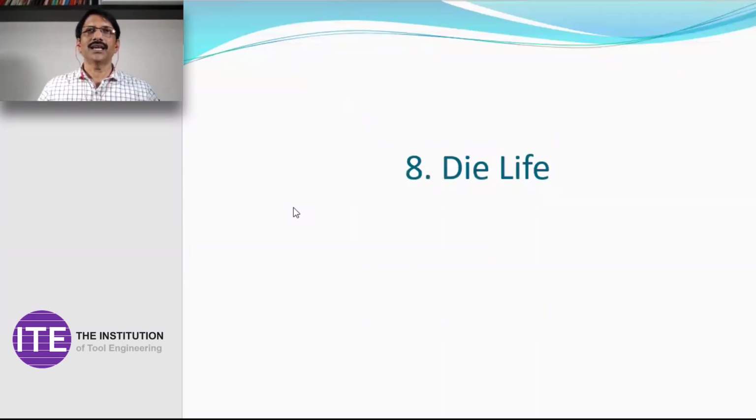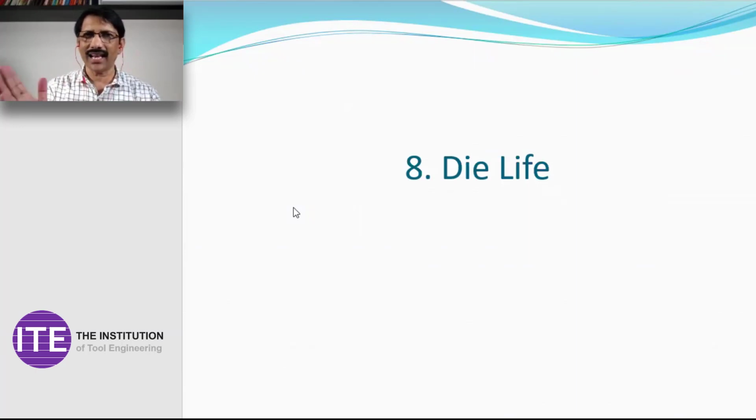Die life means, when you are designing a die, how to improve the die life? You have to understand. For this, you need some inputs, and what are those inputs? You must understand the customer requirement. These are the inputs basically, right? Die life means how many components are produced from the die.